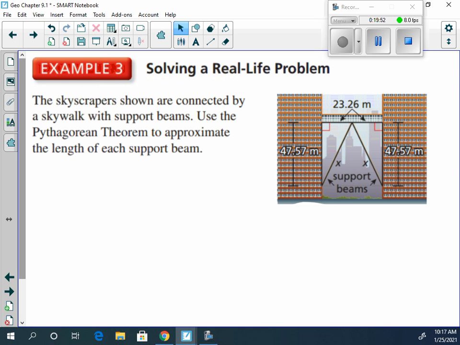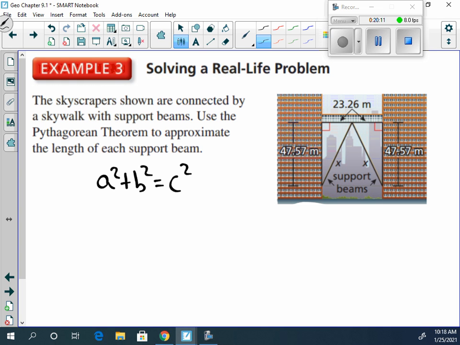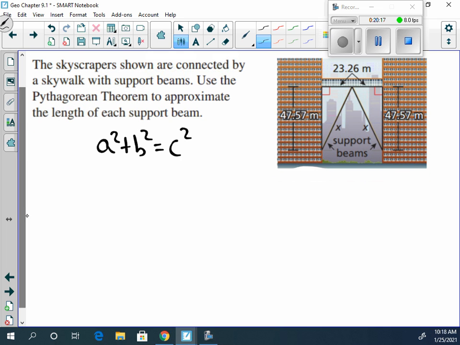So when I look at this here, I want to know the skyscrapers shown are connected by a skywalk with support beams. Use the Pythagorean theorem to approximate the length of each support beam. So, well, we're going to have a squared plus b squared equals. So what values do we know for sure?